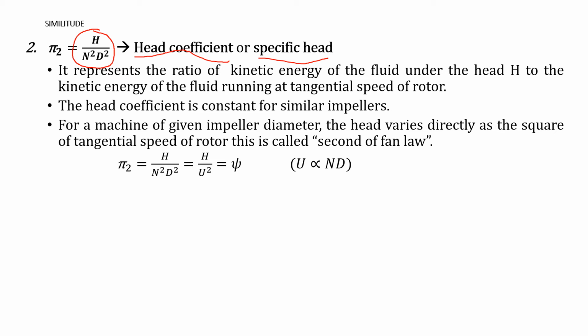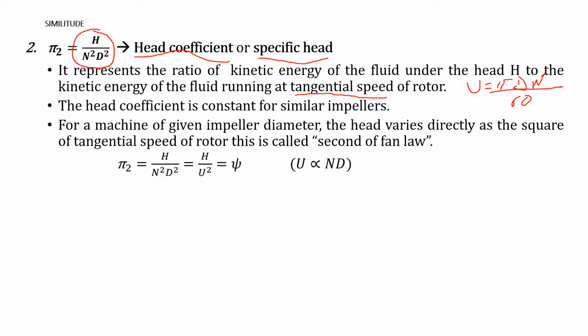The speed of the rotor is given as U, which is pi DN by 60. So U is proportional to DN. Since pi and 60 are constant, I can replace N square D square by U square.